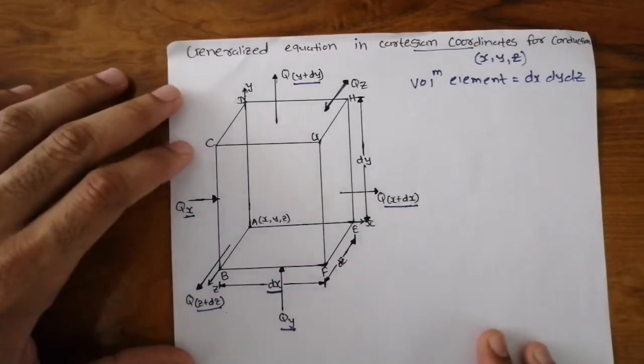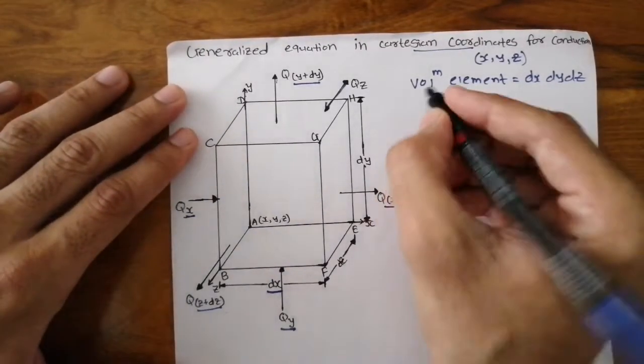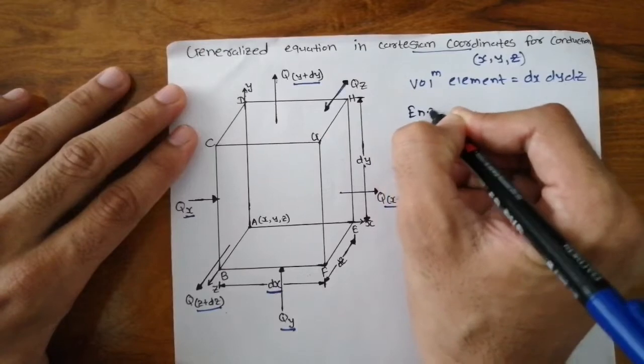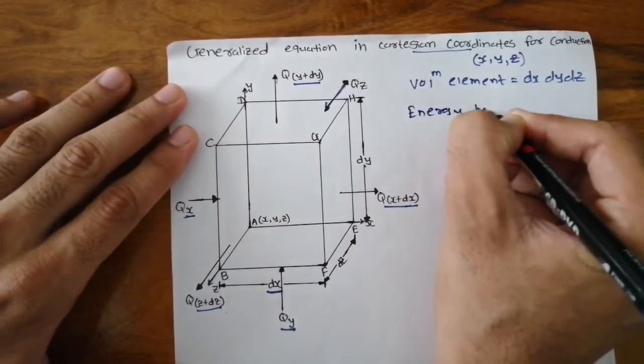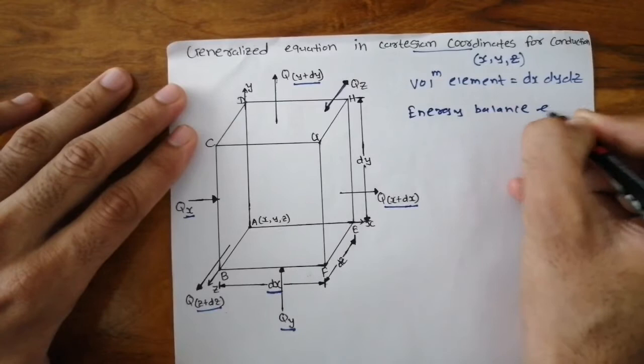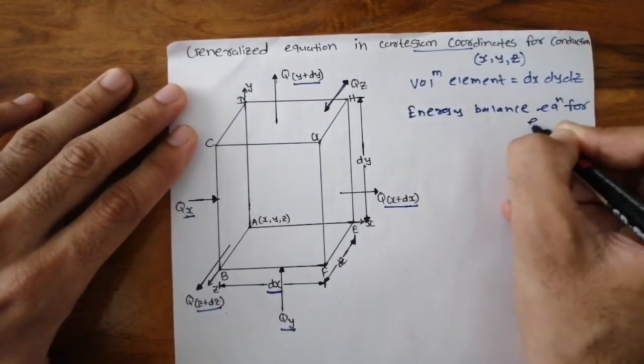Now how do we start the theory? First of all, we do an energy balance. How should we balance the energy? We write the energy balance equation for the element.